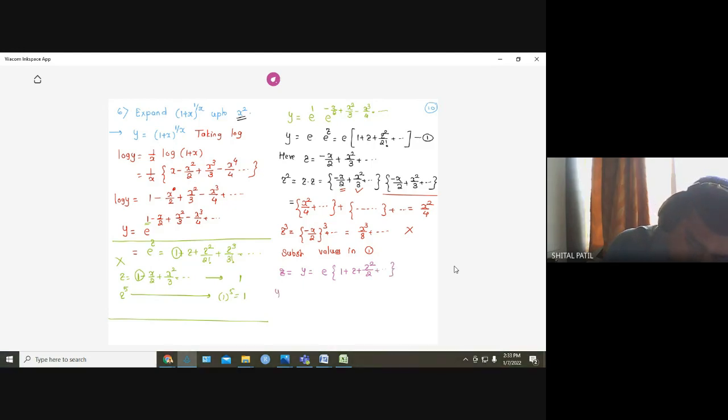So e raised to 1, then z is minus x by 2 plus x square by 3, then 1 upon 2 x square by 4, and then higher degree terms.